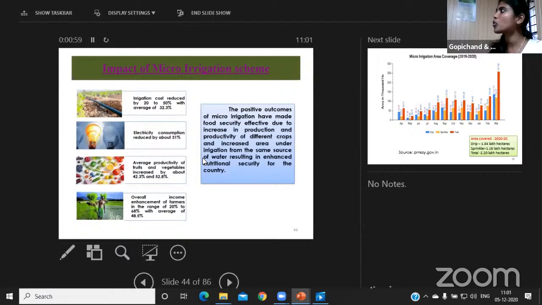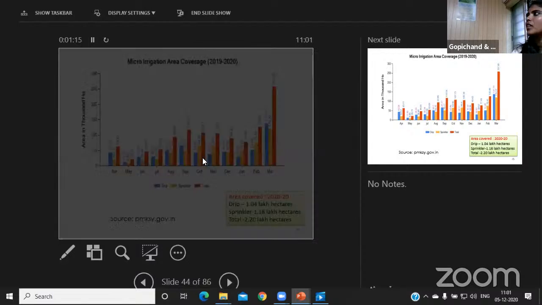And the positive outcome of micro irrigation has made food security effective due to increase in the production and productivity of different crops, and increase the area under irrigation from the same source of water, resulting in enhancing the nutritional security for the country.